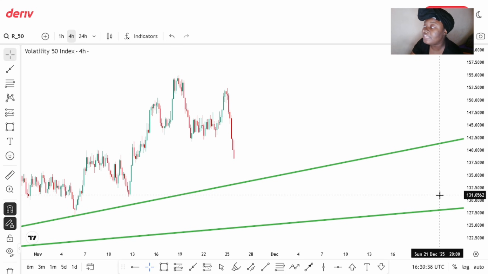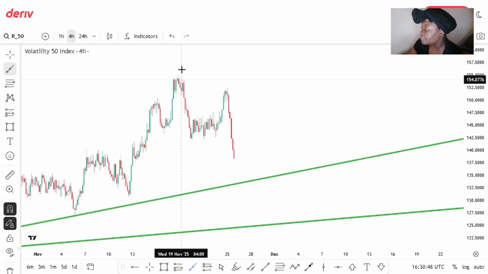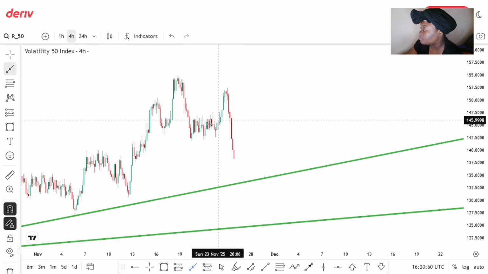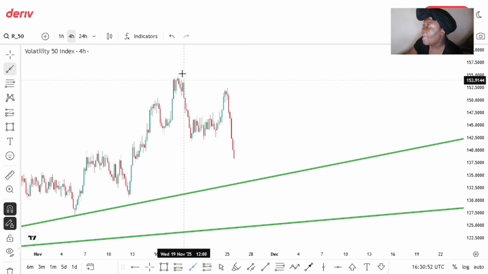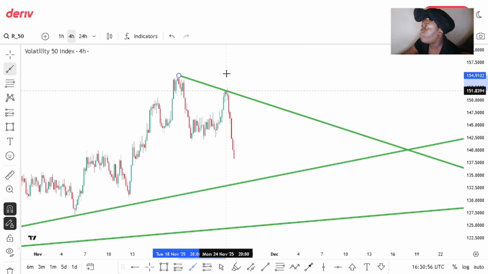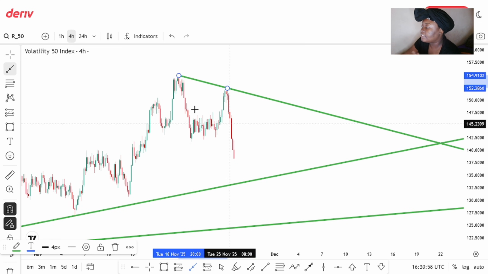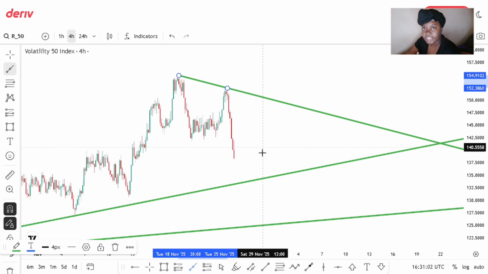Even if it only has one swing high and one swing low after the first point, like in this example here, I can definitely draw my trend line, because this is just to say, hey, the market is pushing, this is what the current side of the market is doing.